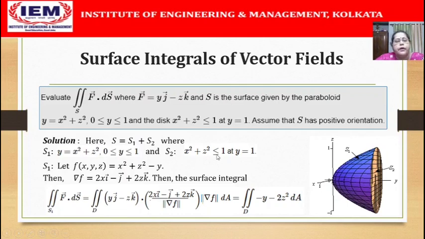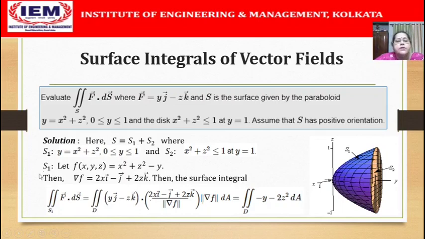So let us first do it for S1. Let f of xyz equal x square plus z square minus y. So grad f is 2x i minus j plus 2z k. Let's see now how the surface integral looks.